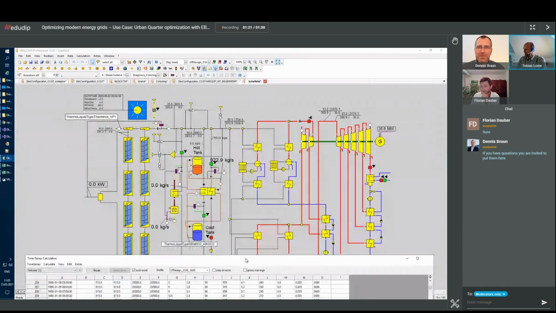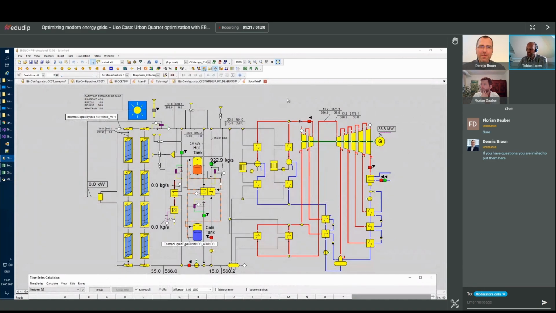And on the water steam cycle, we have a usual water steam cycle with, I think, a two-stage or two-pressure steam turbine, and we have a two-stage transmission of the heat from the oil lines to the water cycle.